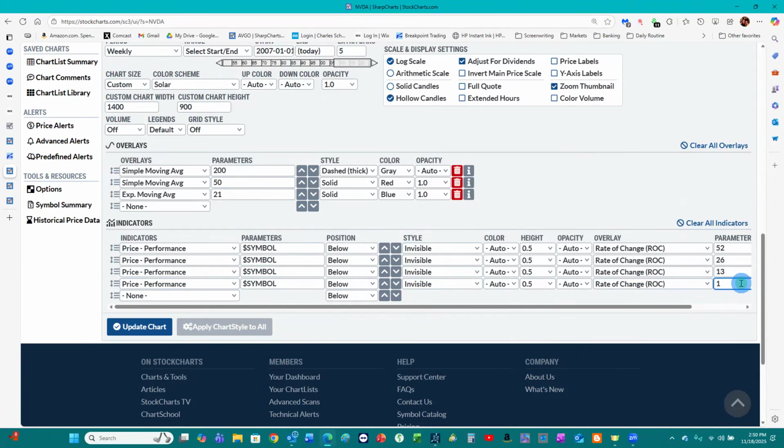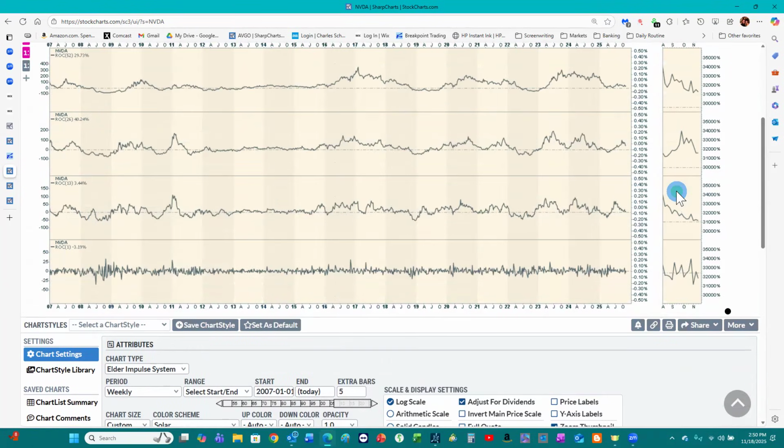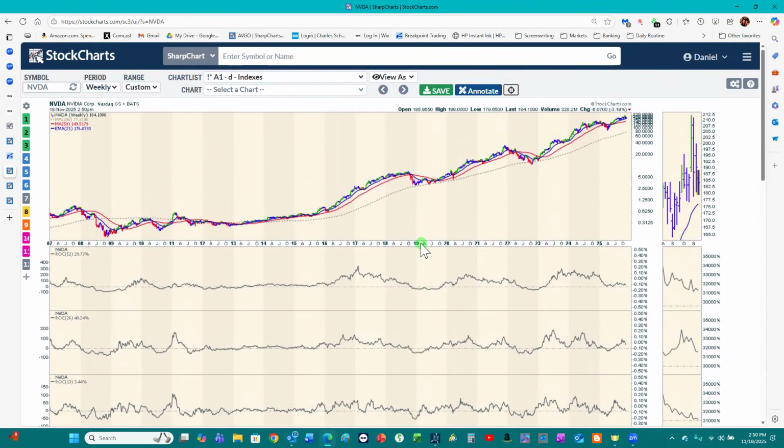Oops, 1 week. So now you can see, it looks like an EKG, but in this case, it's actually below zero. The 1 week rate of change is actually now below zero, and looks like it's accelerating now to the downside. So that's not a good look for NVIDIA going into earnings, but earnings could change everything, of course.